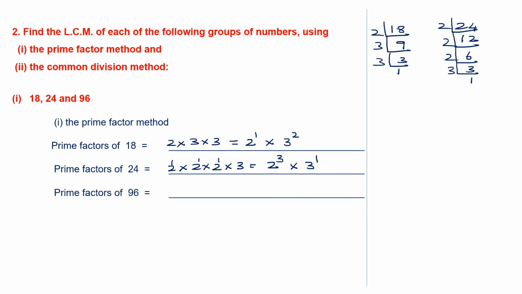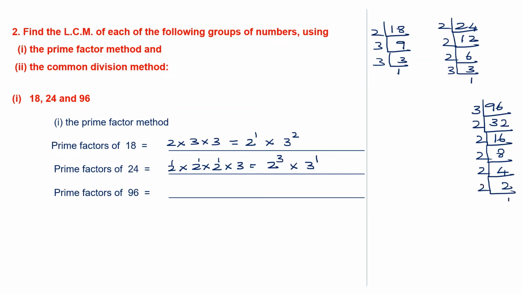Then the next one is prime factors of 96. Let's find that. Now we can start with 3. 3 3's are 9, 3 2's are 6. Now I can use 2. 2 into 16 is 32. 2 8's are 16. 2 4's are 8. 2 2's are 4.